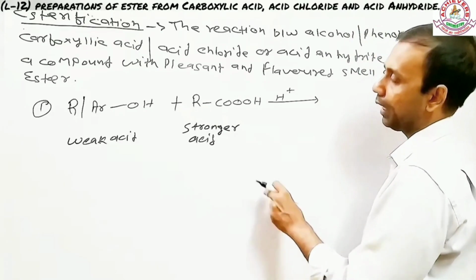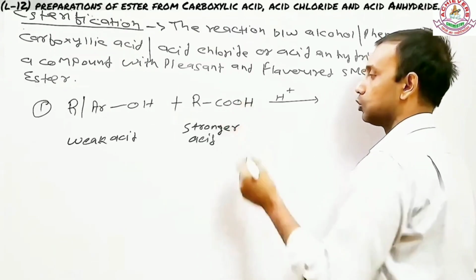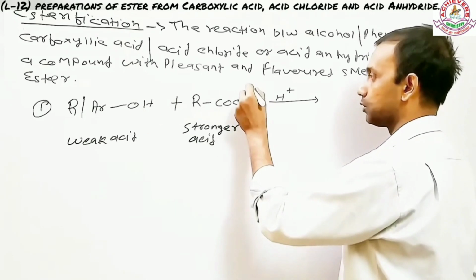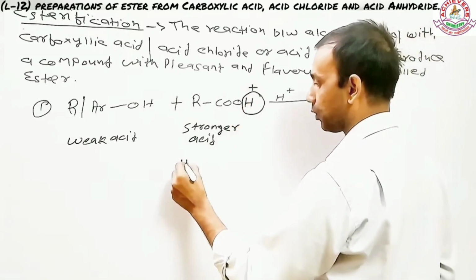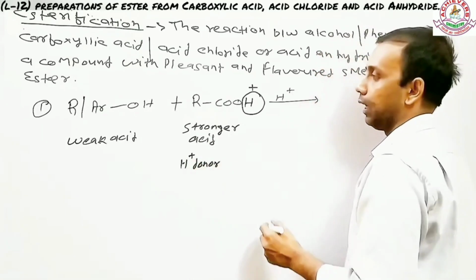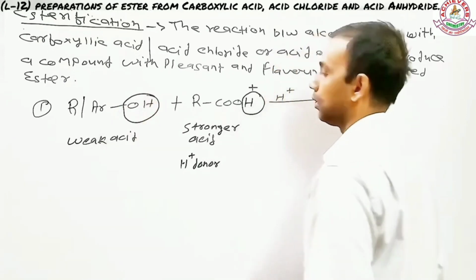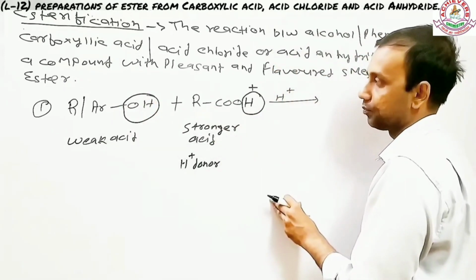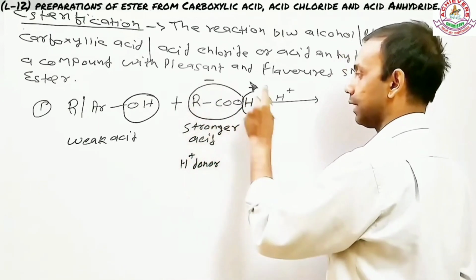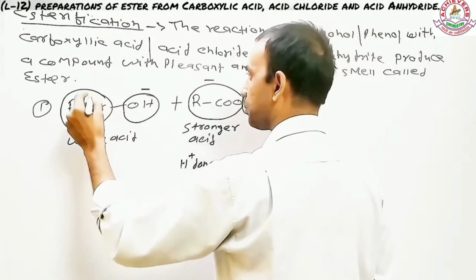There is a minor mistake I have made. So what will happen here? The carboxylic acid will lose the hydrogen, because the stronger acid is the proton donor. And the weaker acid will accept the proton. So this part is coming out to be minus, and this part is going to be plus.